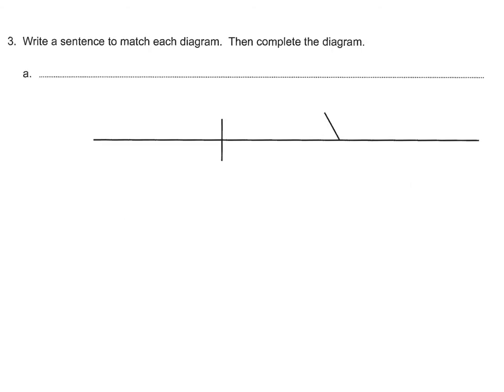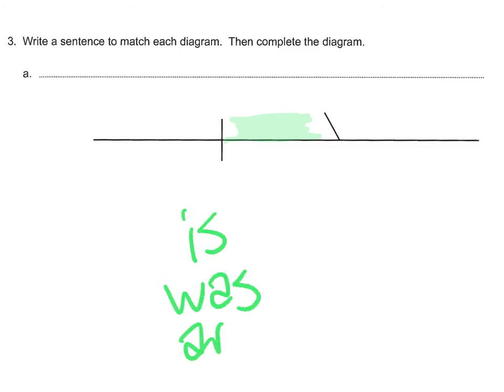3A, 3B, and 3C, you need to come up with your own original sentence and break it down. It has to fit exactly. Remember, when you are using a predicate adjective, the simple predicate has to be a linking verb. So that means is, was, are, were, etc. Okay?